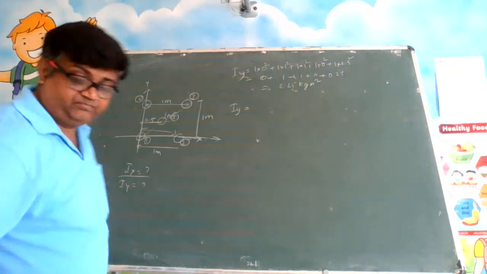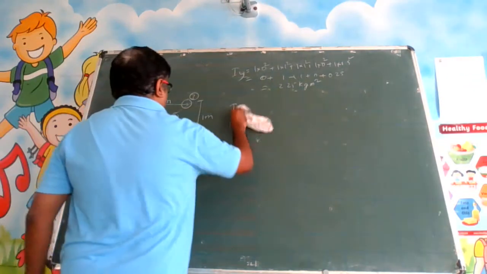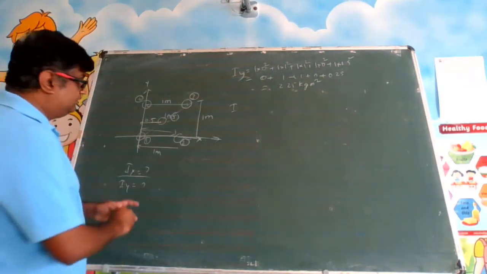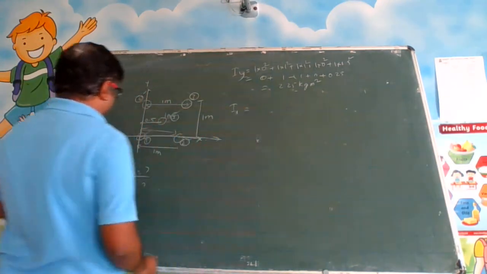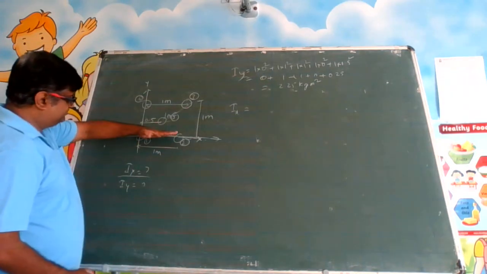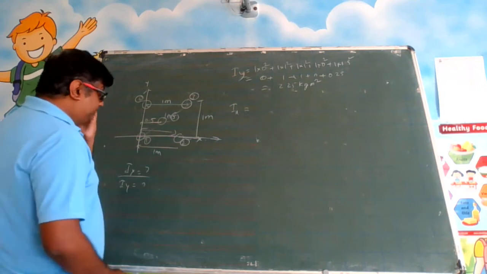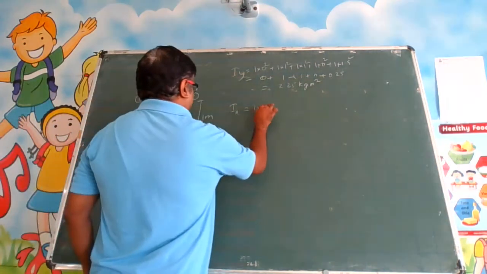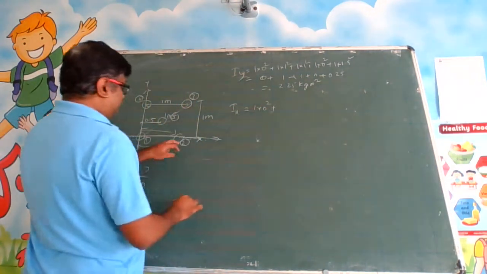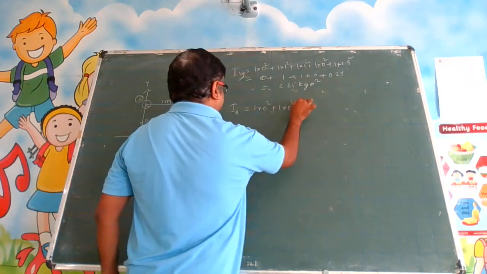Now what will we calculate? We will calculate Ix. So Ix will be equal to, look, the x axis is this, and we have to take the y distance. These two are on the x axis itself, so it will be 0. So 1 into 0, this is also 1 into 0 square.